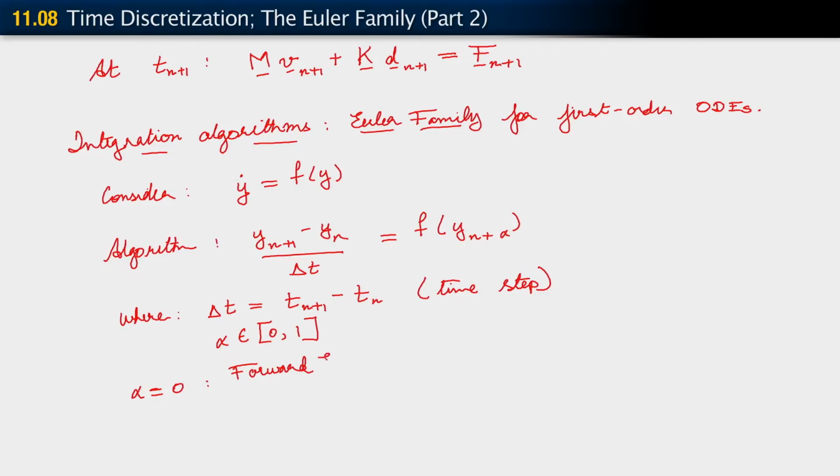Alpha equals 1 is called backward Euler. And alpha equals half is called various things.